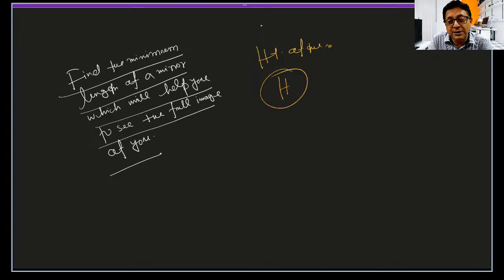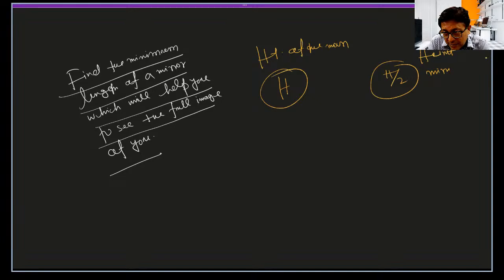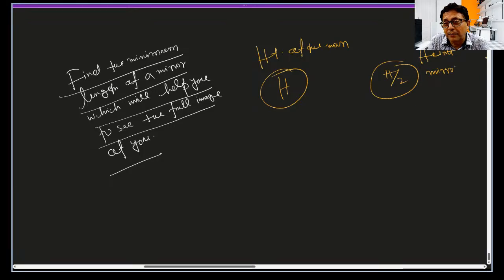This is height of man and h by 2 will be height of mirror. We have to go by ray diagram only. What ray diagram? You have to get it by ray diagram only. See how to get it.